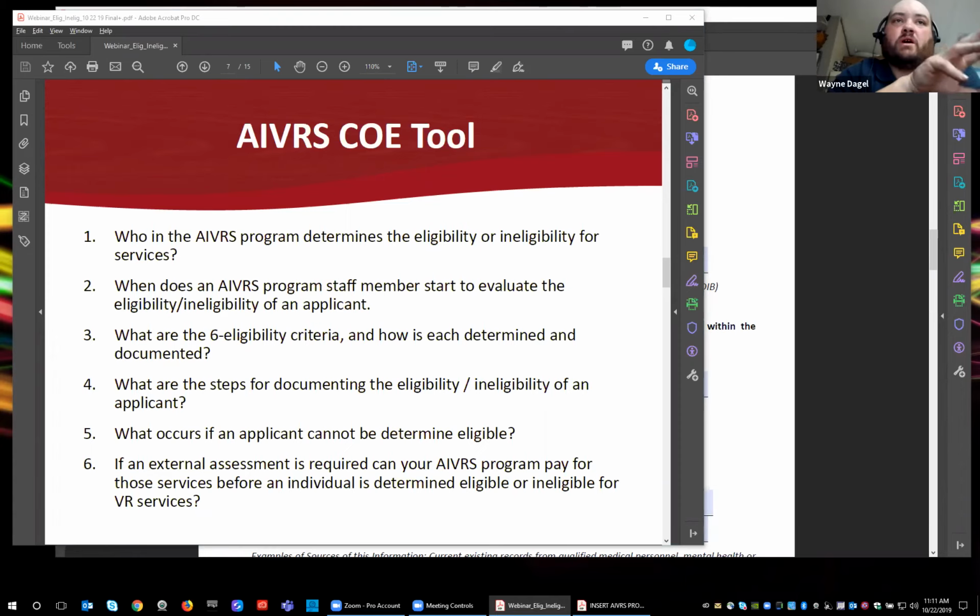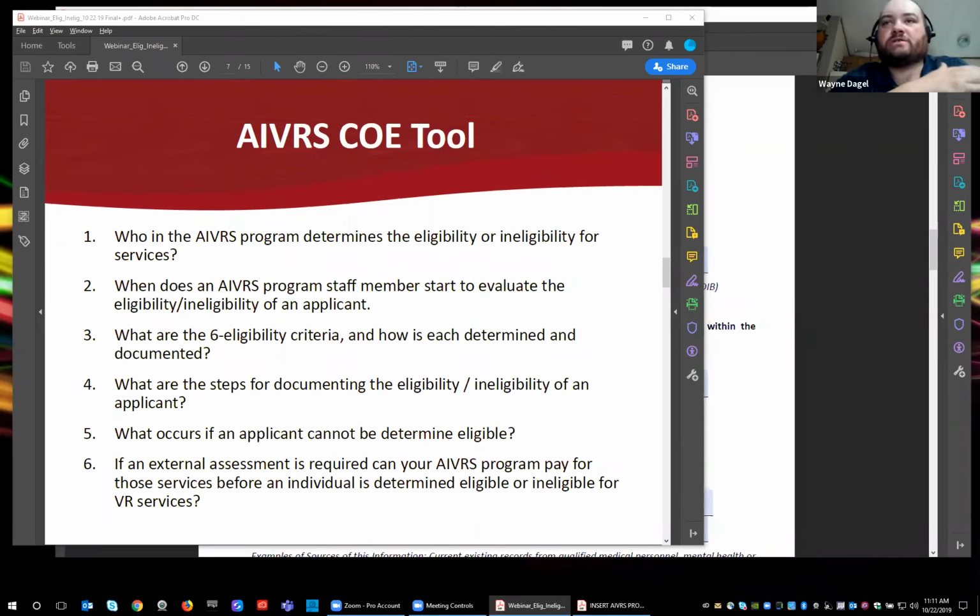We call it the Certificate of Eligibility Tool and Ineligibility Tool, because it allows us to have one document to make that determination in. Anytime out of the 6 criteria one is not met, they're not eligible. It's not a 5 out of 6 or 3 out of 6.